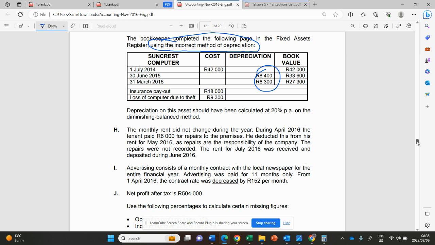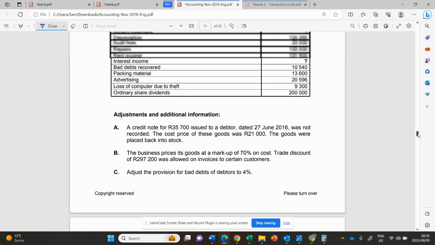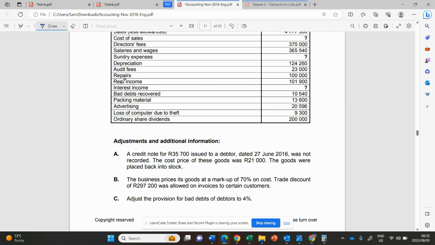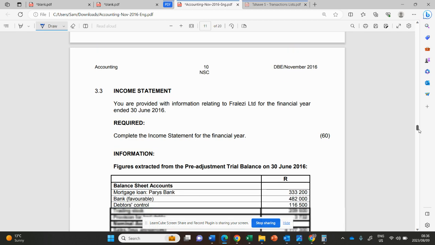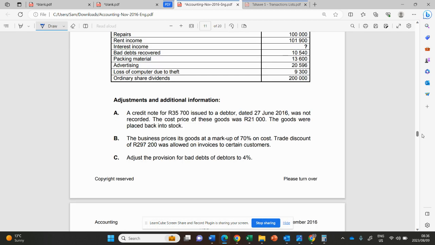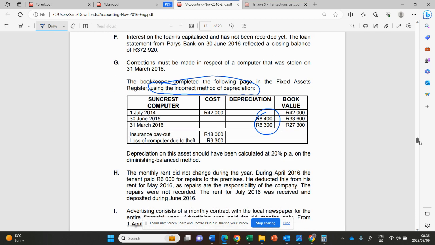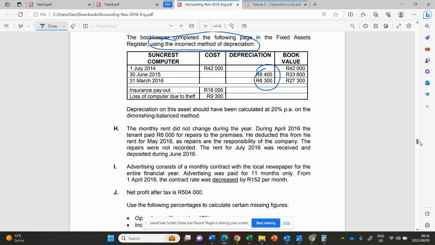Then we need to check the element of the rent that we are dealing with. It is going to be rent income, right? Now, how many accounts is this adjustment going to affect? It's going to affect the rent income. Firstly, it's going to affect the repairs because the repairs were not recorded. So the repairs are an expense of the company.